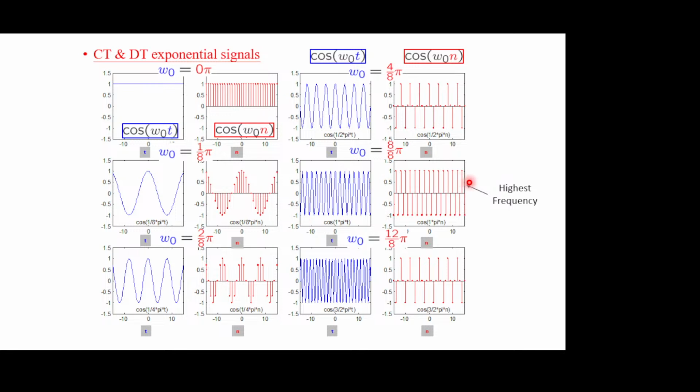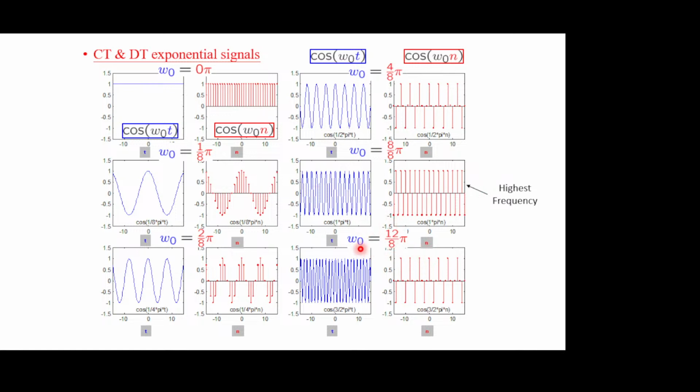But when you reach really high omega, around pi, your signal looks weird. When omega naught is equal to pi, your signal becomes this up-down thing, and this is the highest frequency you can see in your discrete signal.